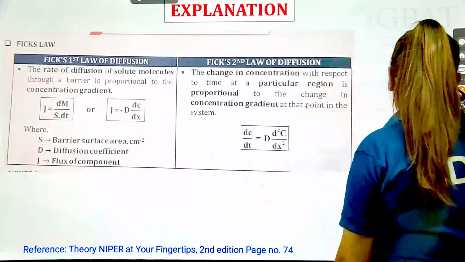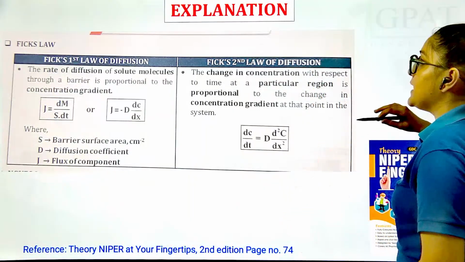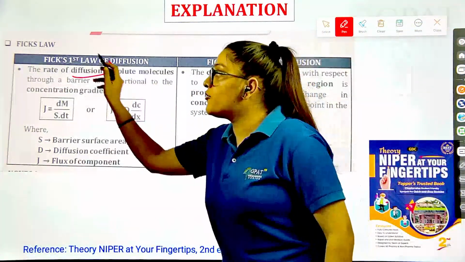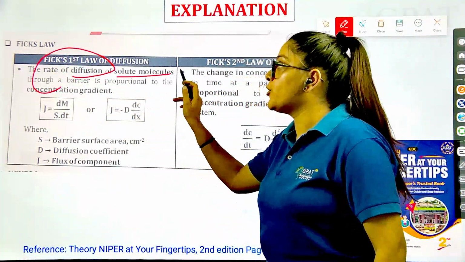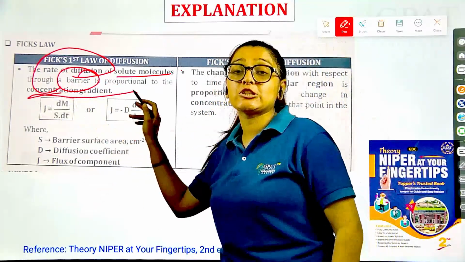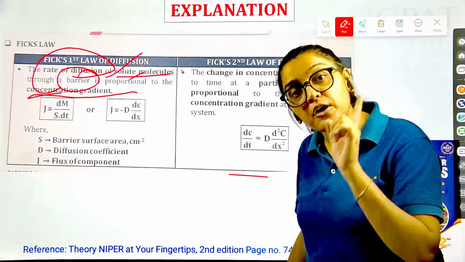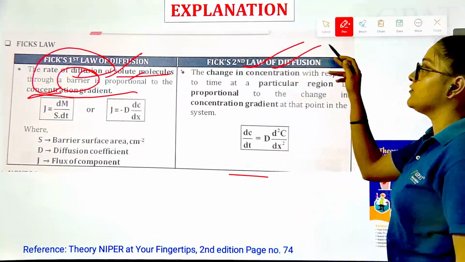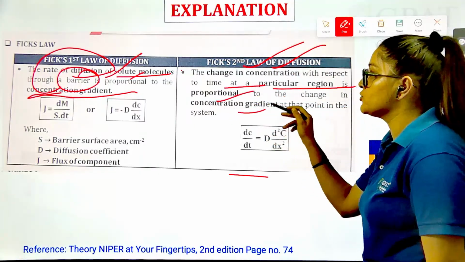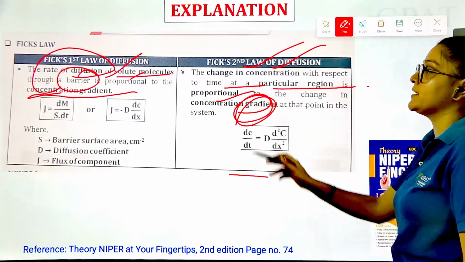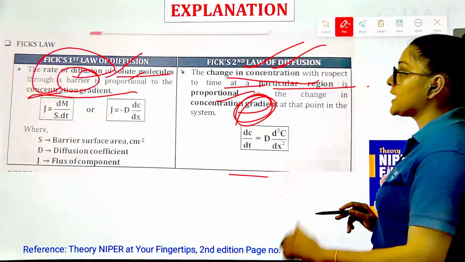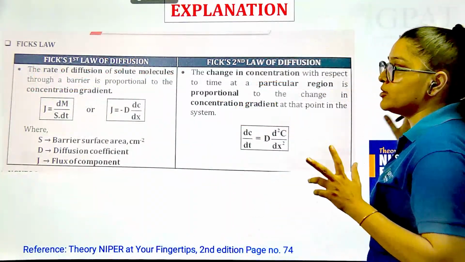Fick's first law indicates, please note down, very important, that the rate of diffusion of solute molecules through a barrier is proportional to the concentration gradient. This is Fick's first law. Fick's second law involves the time at a particular region, which is proportional to the change in the concentration occurring at that particular time. Okay, so all these three formulas were there.